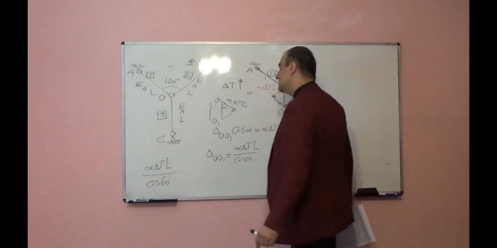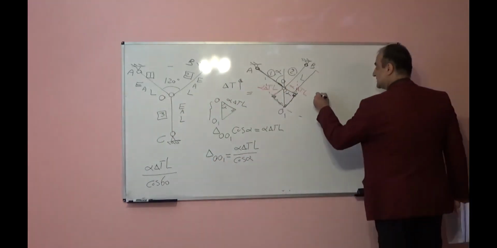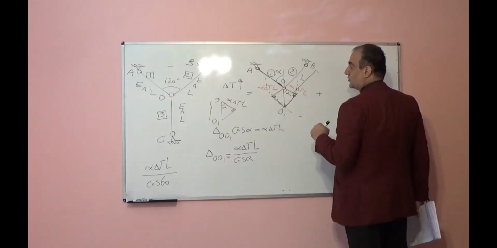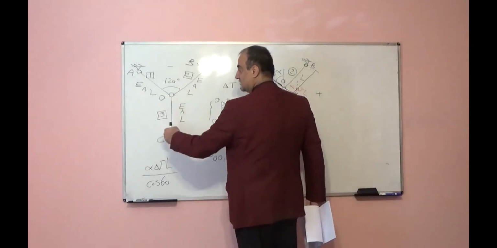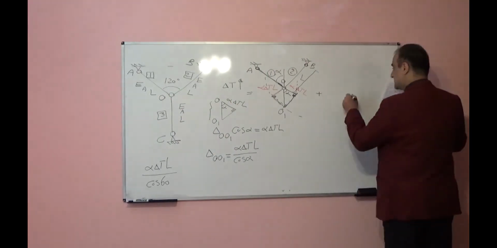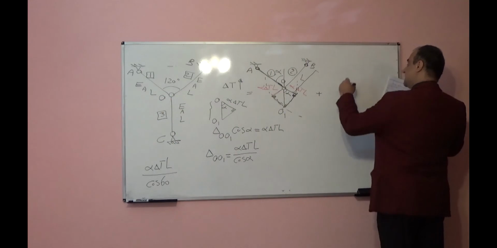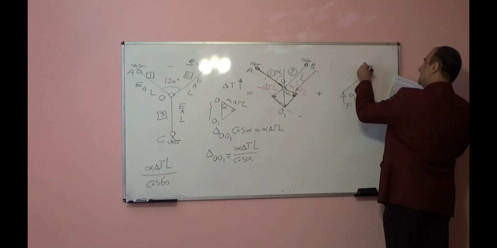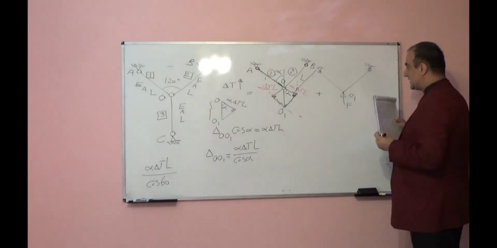Because in reality we have a third member, if point O moves to point O1, this rod will react against that and apply an external force such as F. So now this is point O1 and this is the upper side of our structure.